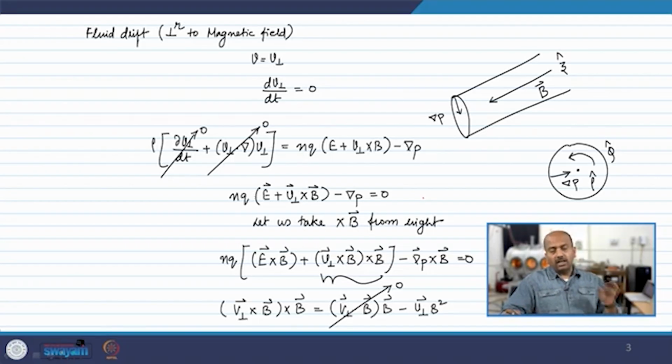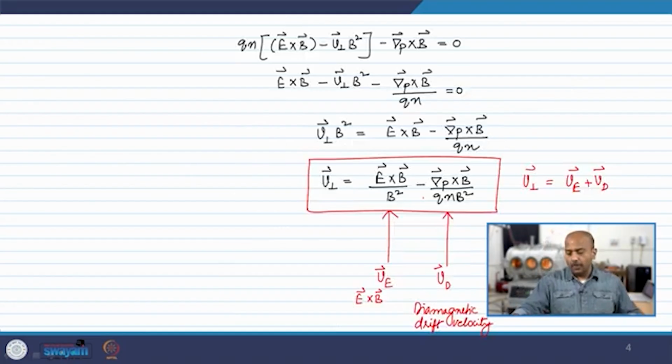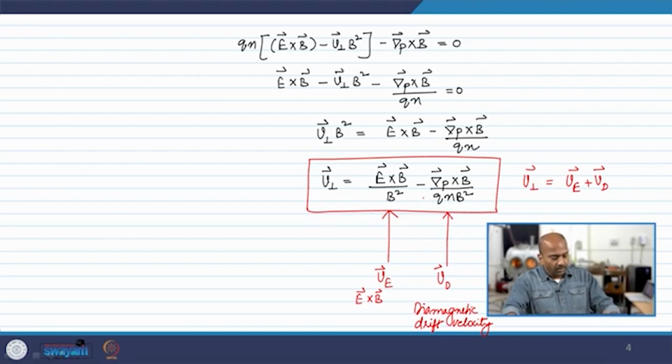The variable n appears only when you take the fluid equation for n number of particles. But the message is, this diamagnetic drift velocity tells you what will be the additional drift the plasma will experience when you have a pressure gradient inside it, right.